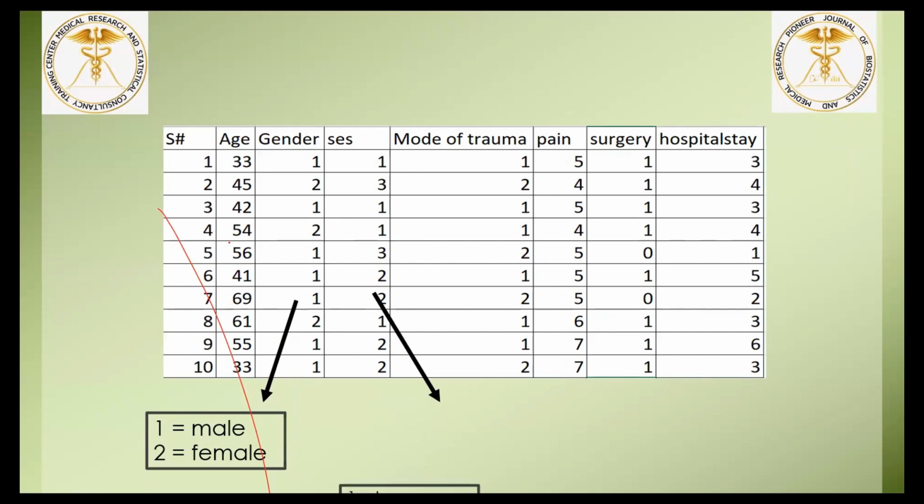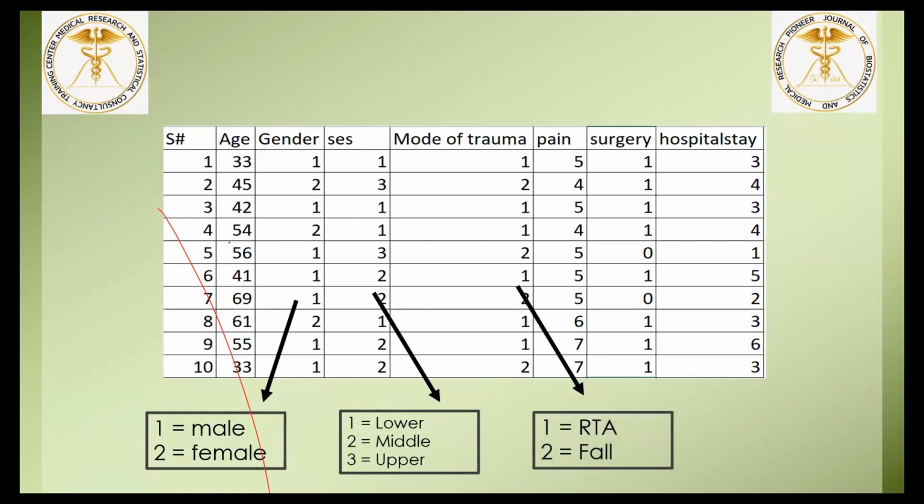Socioeconomic status, lower, middle, upper. Mode of trauma, RTA and fall. Hospital stay, surgery type, yes or no. Here I have defined the coding in my Excel sheet.